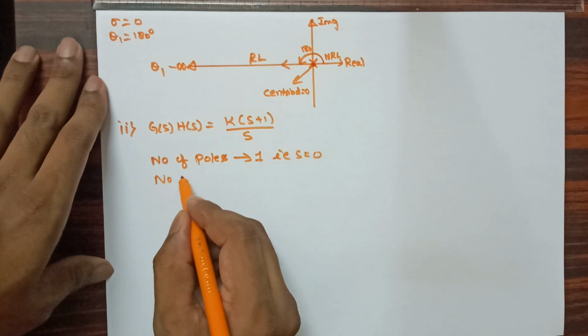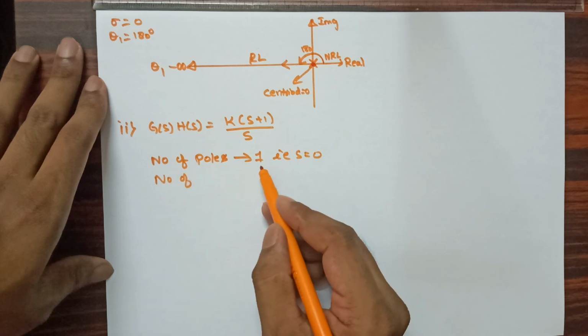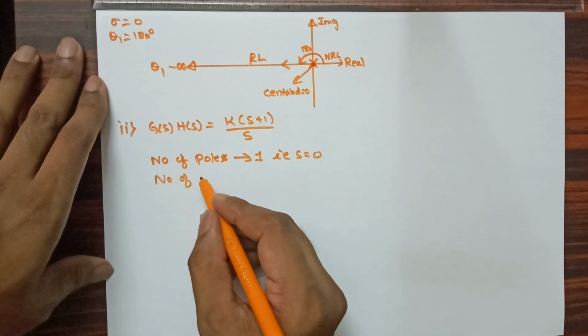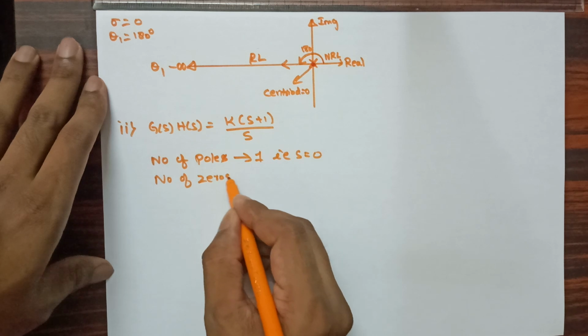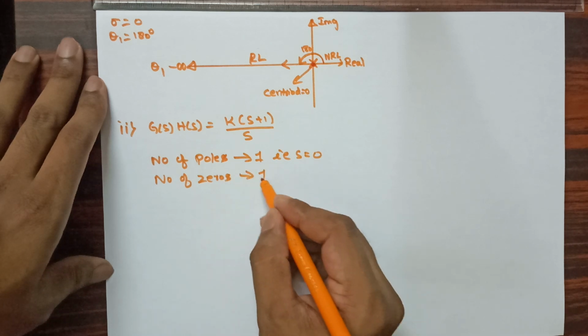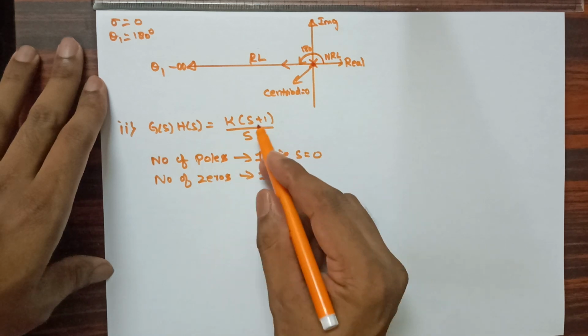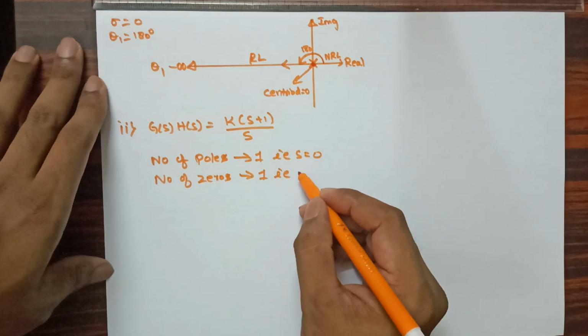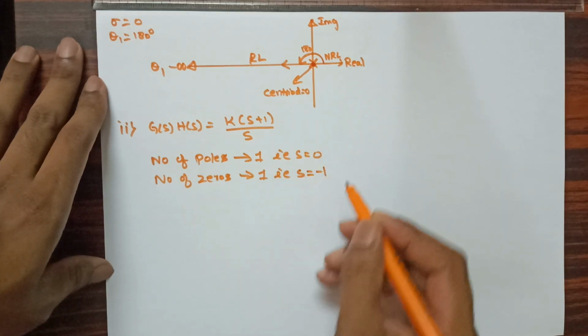The number of zeros is 1, that is s plus 1 equal to 0, that is s equal to minus 1.